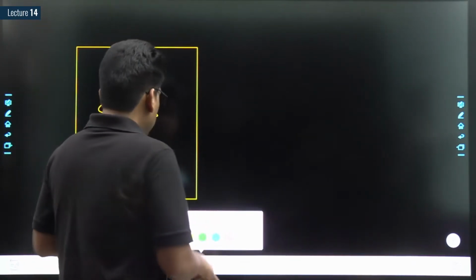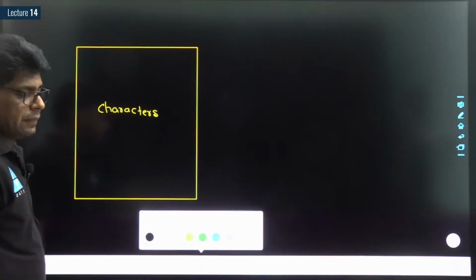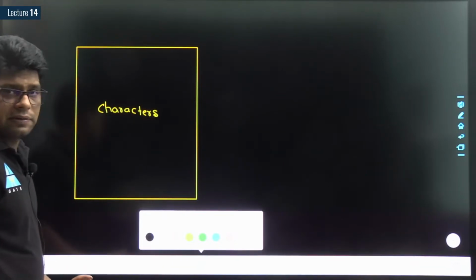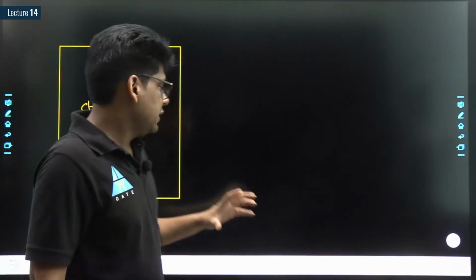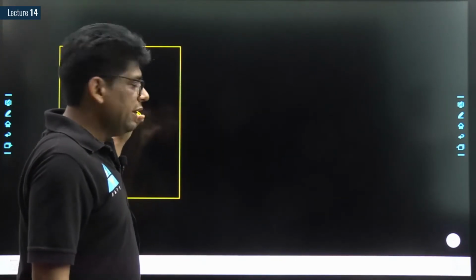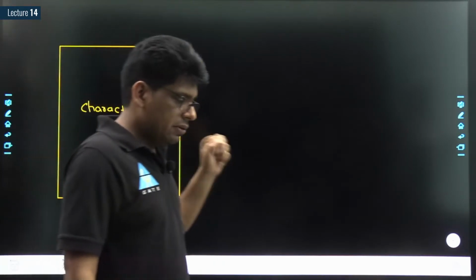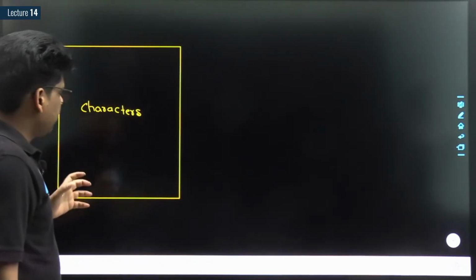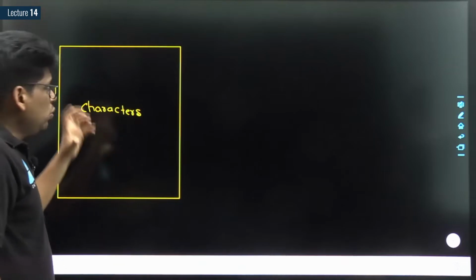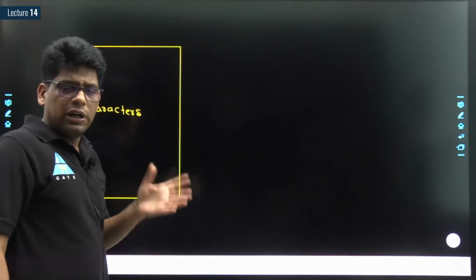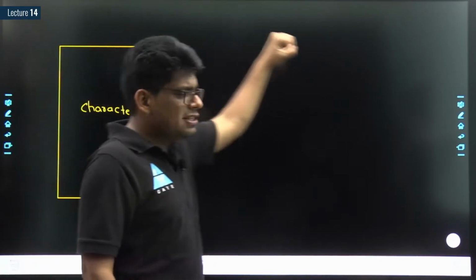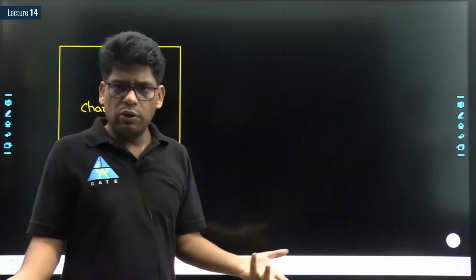What we need? In order to communicate, we want our machine to understand this character set. We want our machine to understand these characters. Am I right or not?